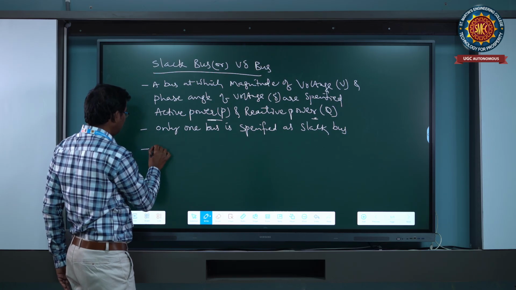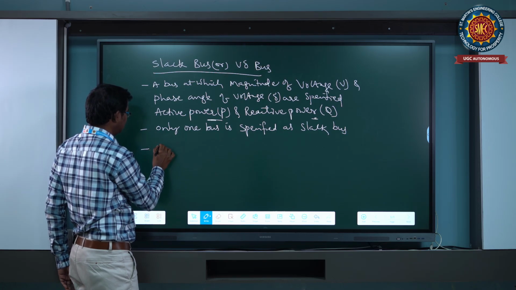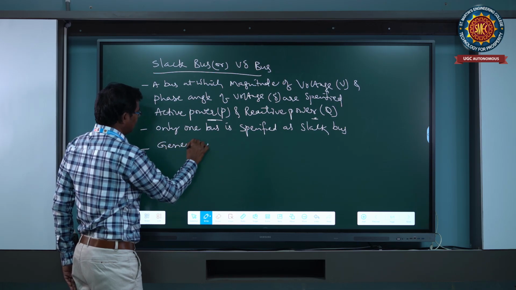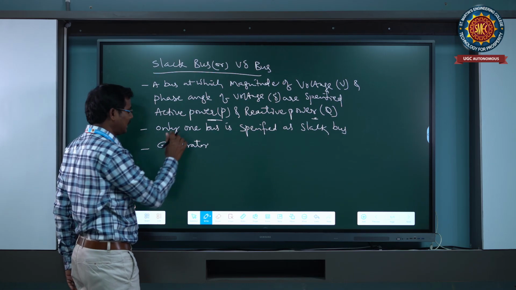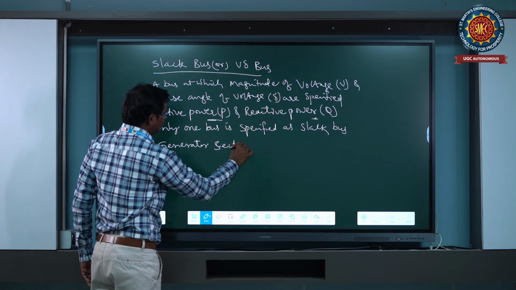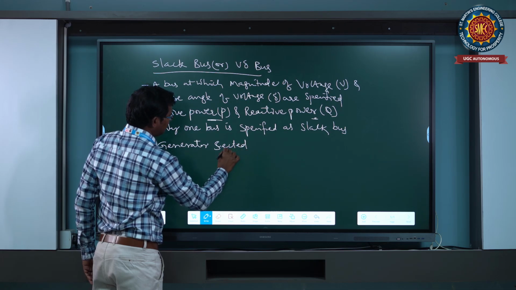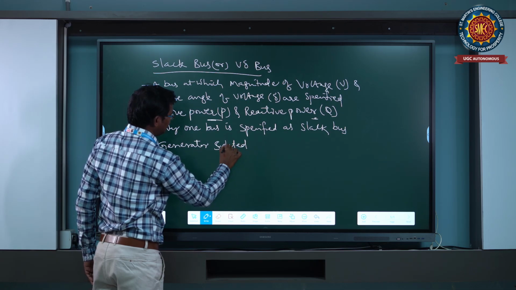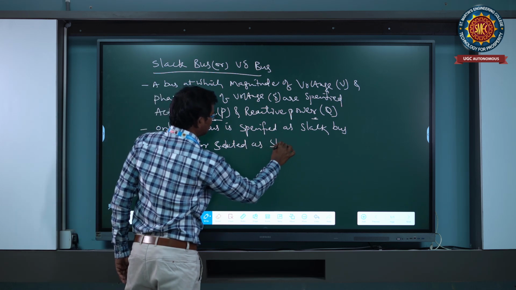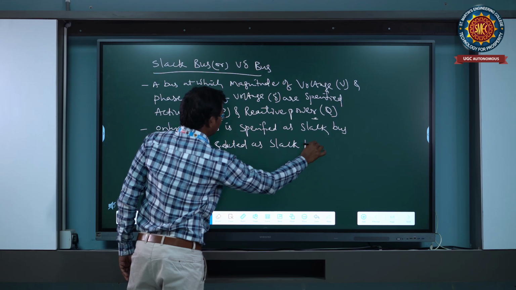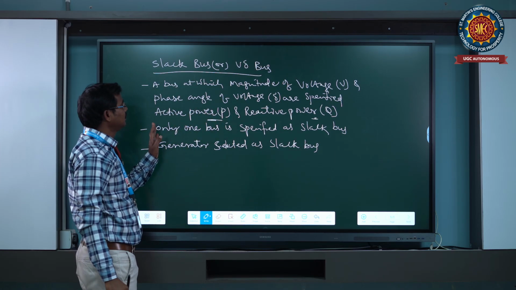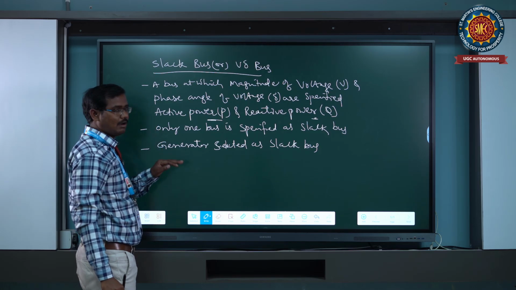Means we can take a generator, and that generator can be selected as the slack bus. Only one bus is specified as the slack bus.